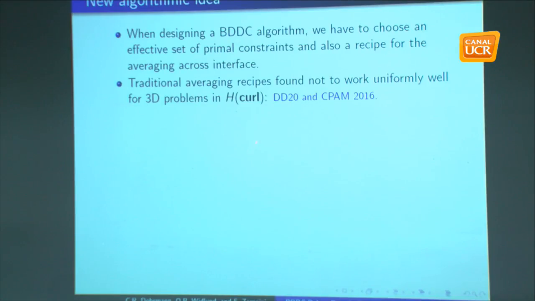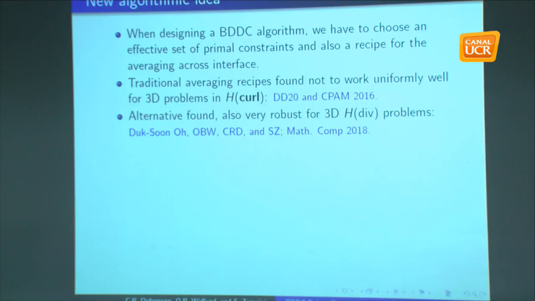Dorman gave a talk in the 20s domain decomposition conference on that, and then eventually, some years later, it resulted in a joint paper with Dorman in the Communications on Pure and Applied Mathematics.